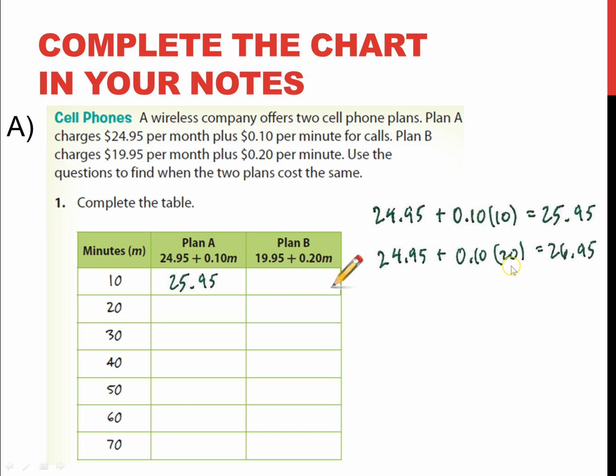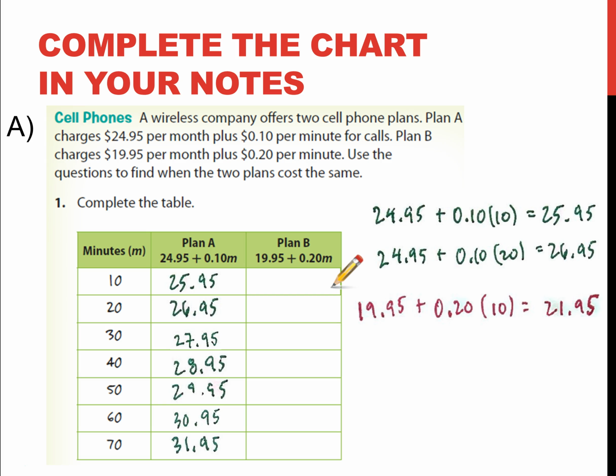When I plug in 20 minutes, I get $26.95, and I notice that this is just increasing by $1 each time. So that lets me complete the rest of my chart: 30 minutes is $27.95, 40 minutes is $28.95, 50 minutes is $29.95, 60 minutes is $30.95, and 70 is $31.95.